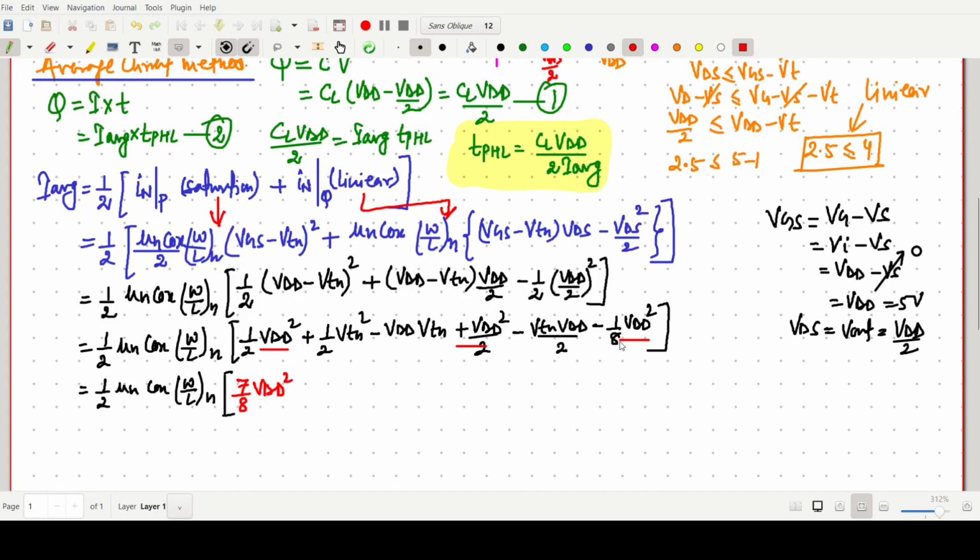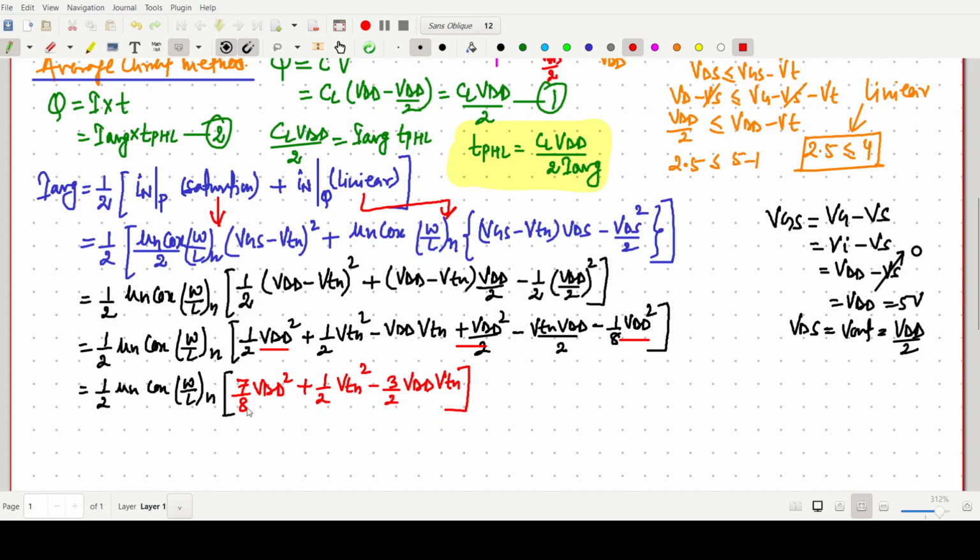Simple calculation is there. Then VTN square, so it should be simply one half VTN square. Now the other term, VDD VTN, it should be minus 3 by 2. Simple calculation. Okay, it is clear up to this one.